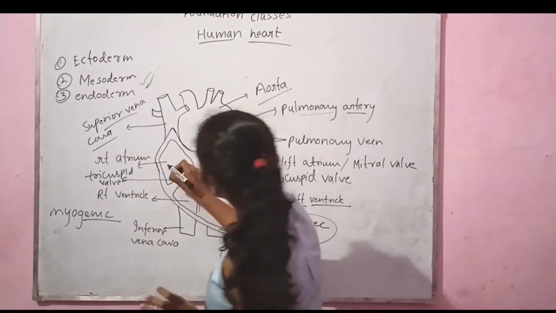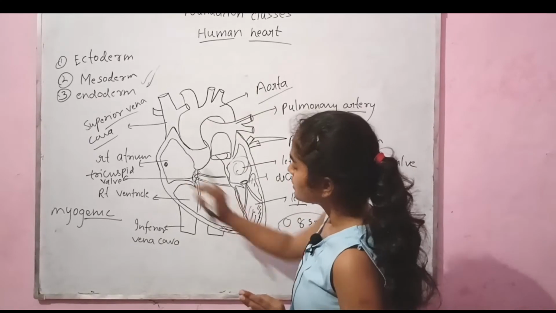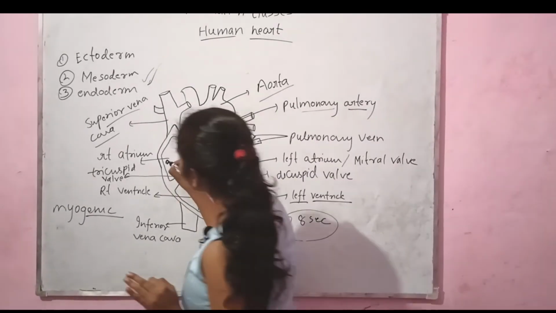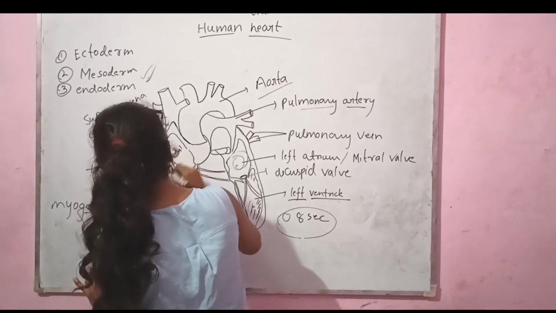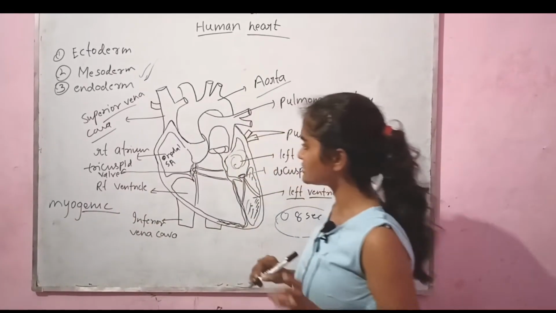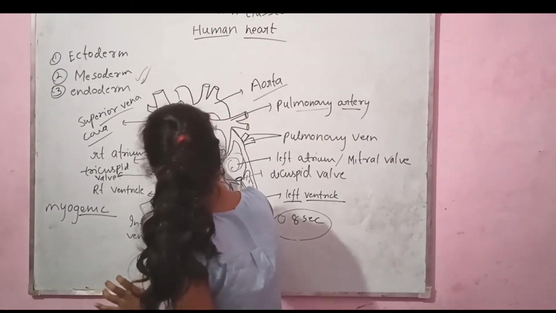Simply, in the right atrium there is a nodal tissue called the SA node. The SA node is also called the pacemaker, and here is the AV node.